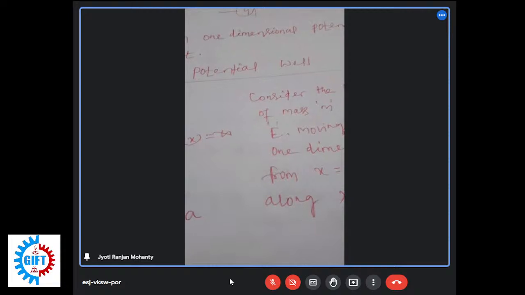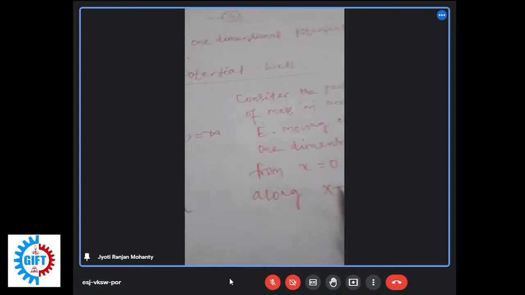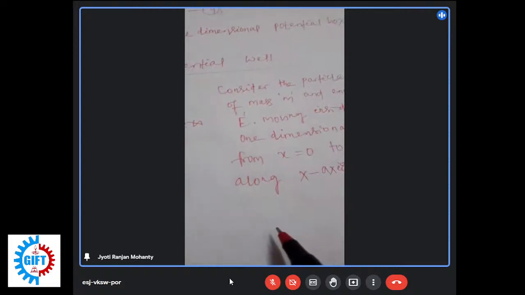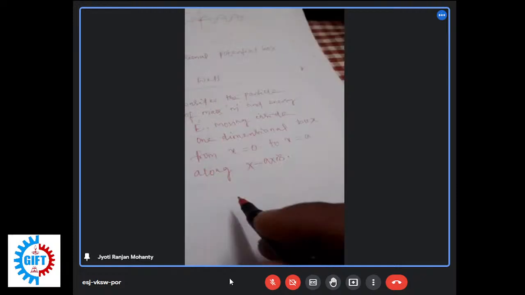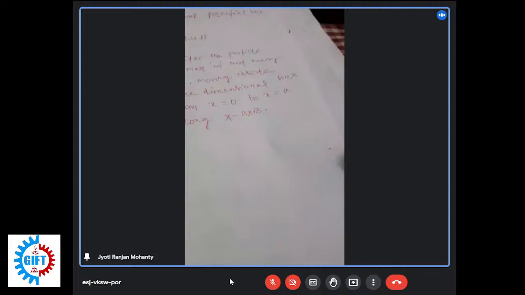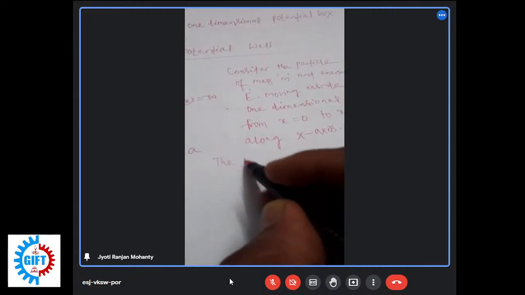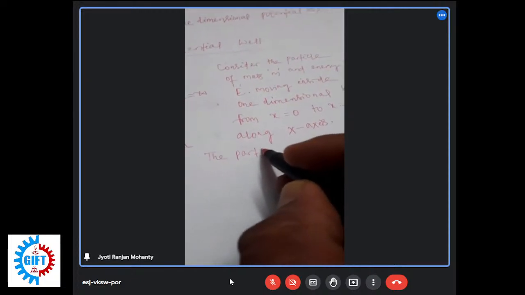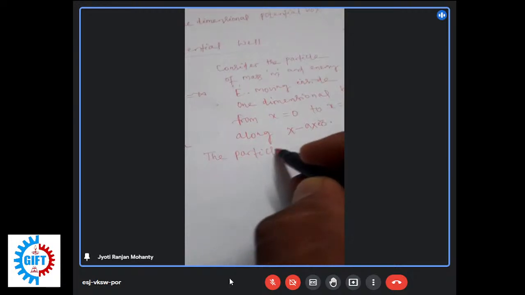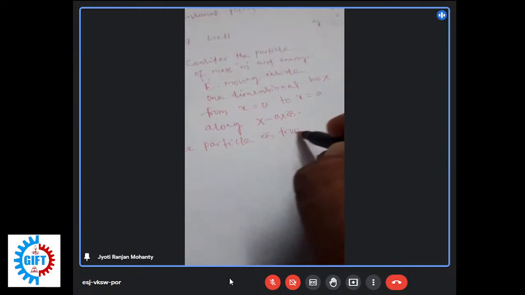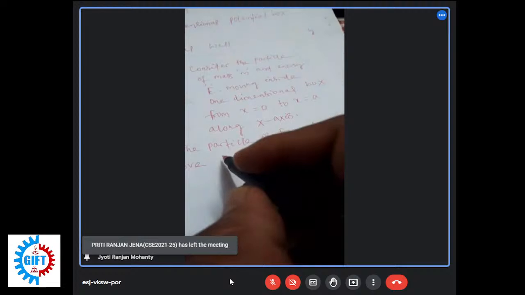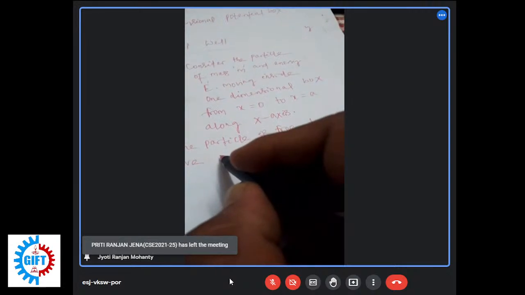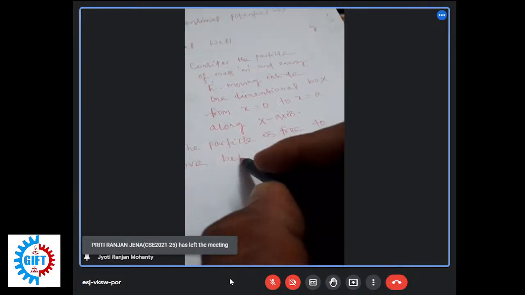Okay. Next, the particle is free to move between the walls.